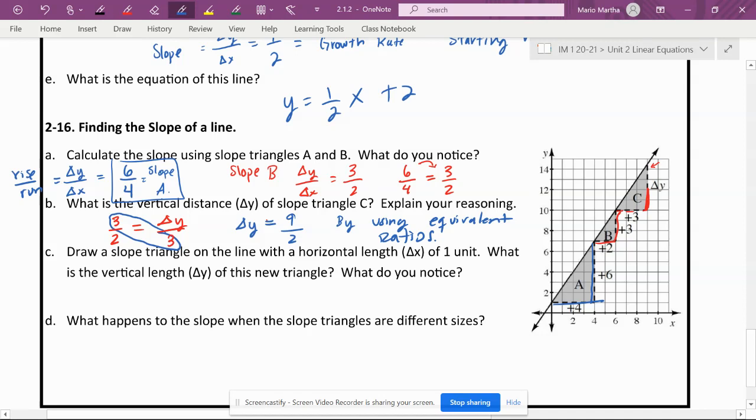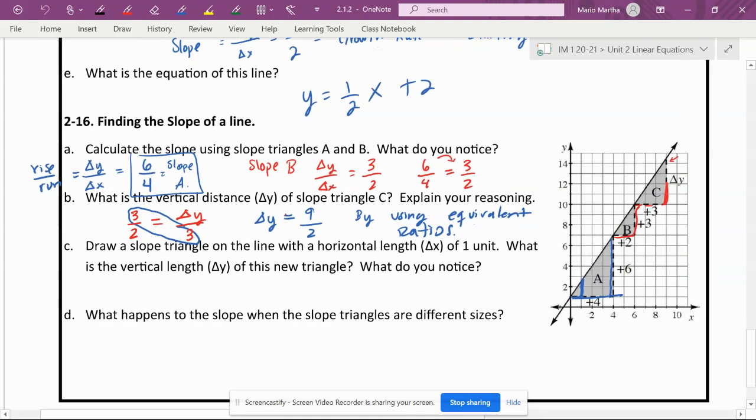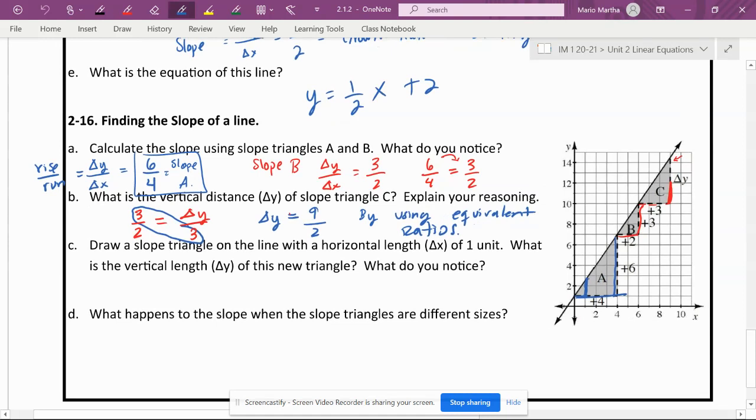All right. So now we can do question C. Draw a slope triangle on the line with a horizontal length delta x of 1. So 1, and then here. So it says, what do you notice? Again, it doesn't necessarily cross it. So we can say that delta y is a little bit more than 1, so it's closer to 2.